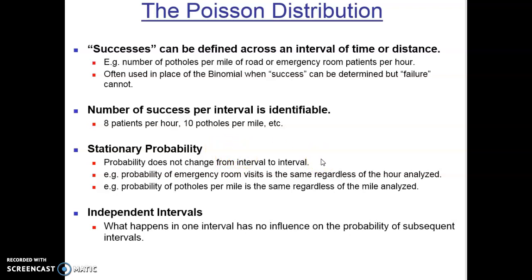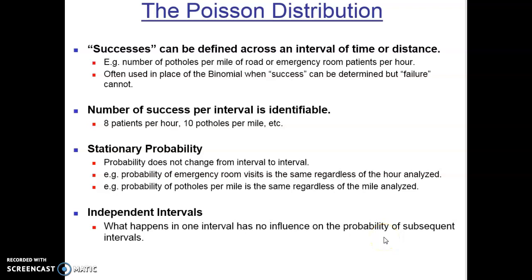The probability of an emergency room visit needs to be the same for the first hour, for the second hour, for the 5th, 10th, so on and so forth. The probability of potholes per mile occurring needs to be the same regardless of the miles that are being analyzed. And then finally, independent intervals. What happens in one interval should have no influence on the probability of subsequent intervals.